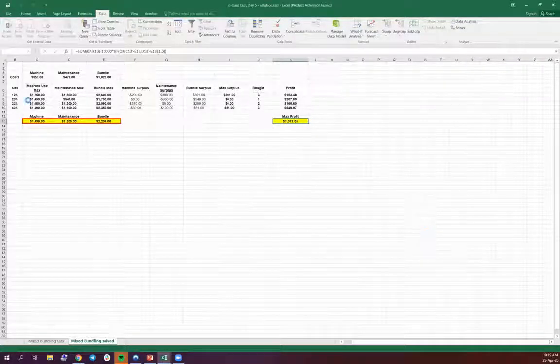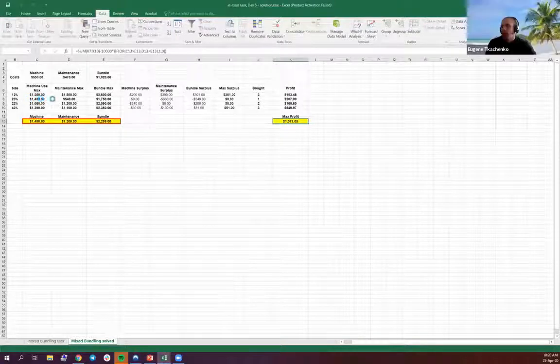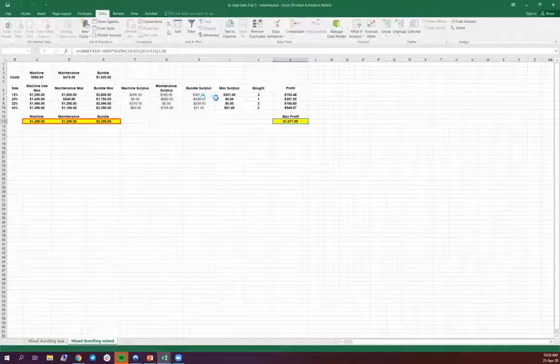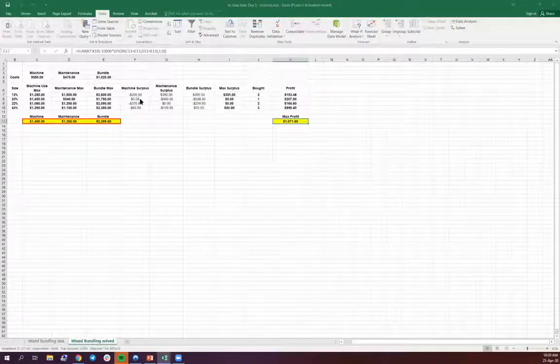Yep, 23, or 22, sorry. They bought one machine at a price of $1,450, the cost of $550, so $900 over, but our profit is $207. Is it normal to be maximizing profit based on people's negative consumer surplus? It's a strange maximization.